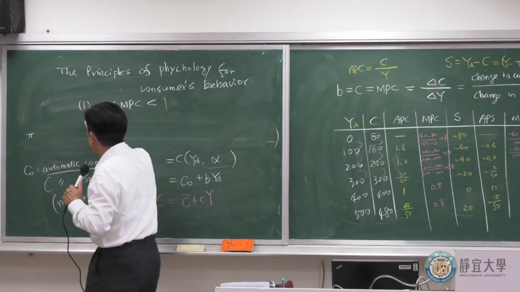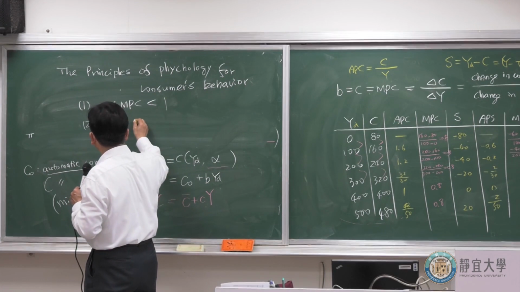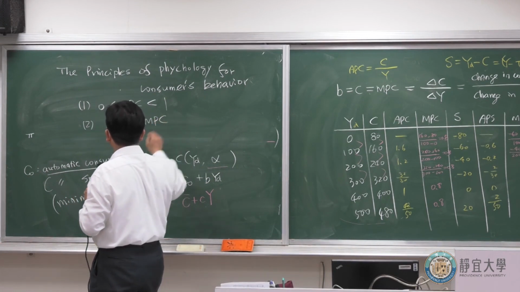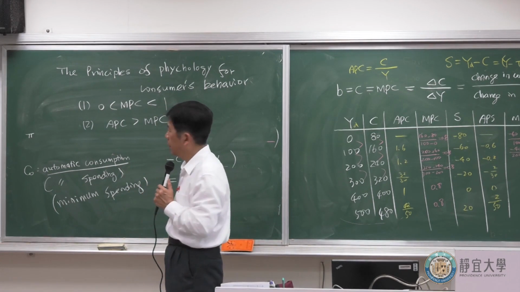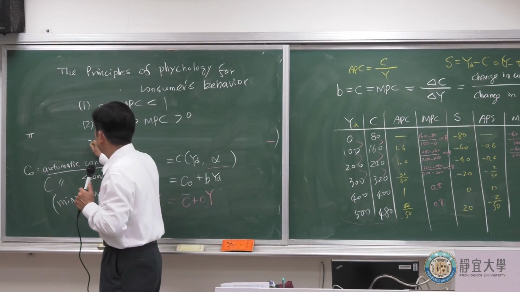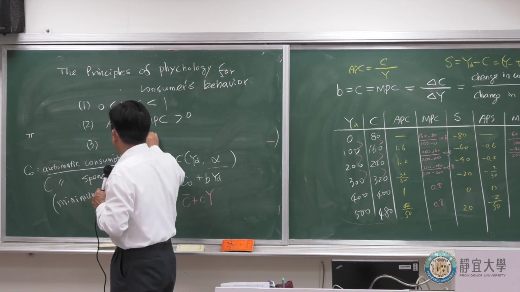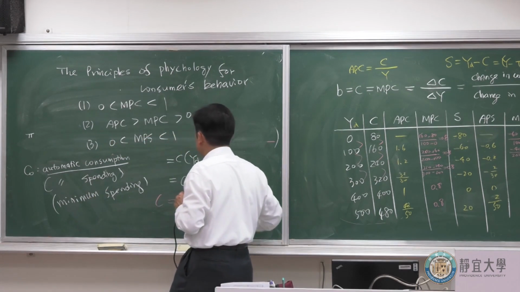And the second one, you can see APC larger than MPC, okay, larger than 0, okay? And the third one, MPS less than 1, larger than 0.